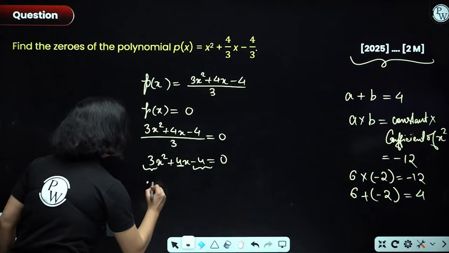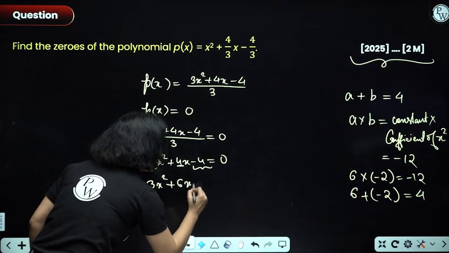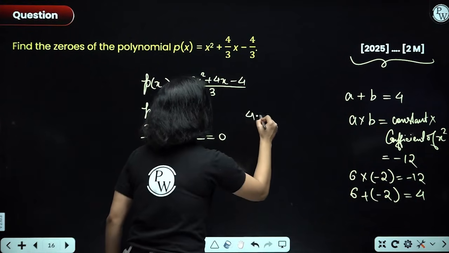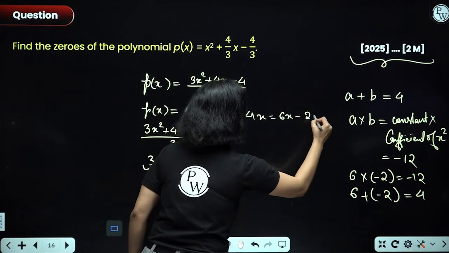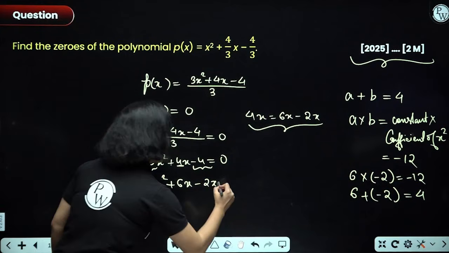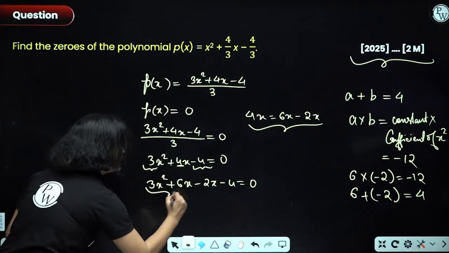So, what you are going to do? You are going to split 4x as positive 6x and negative 2x. So, you are writing 4x as 6x - 2x. Splitting the middle term. Okay. And minus 4 is equal to 0. Okay, now let's take common in the first two terms.